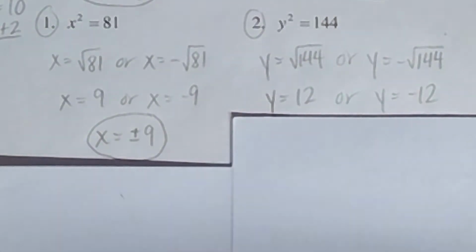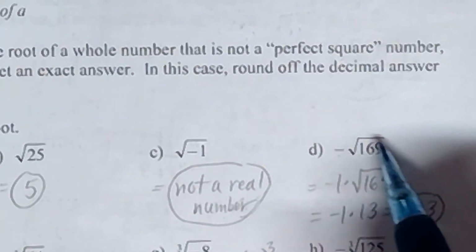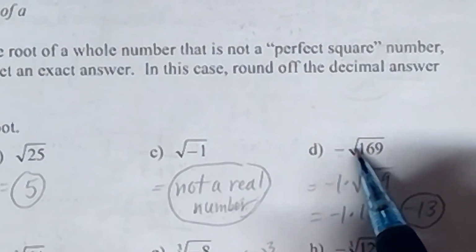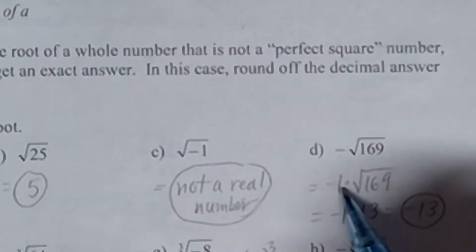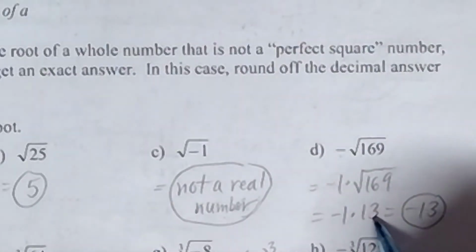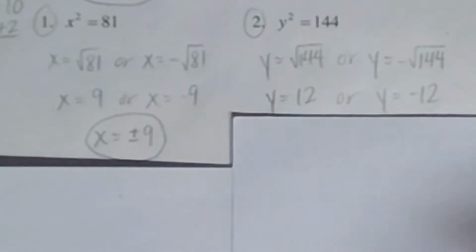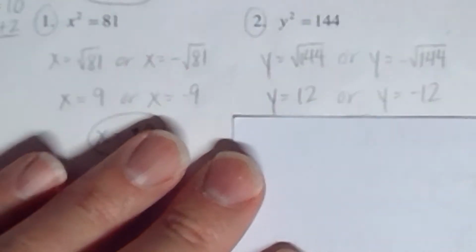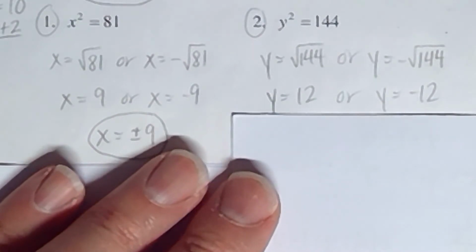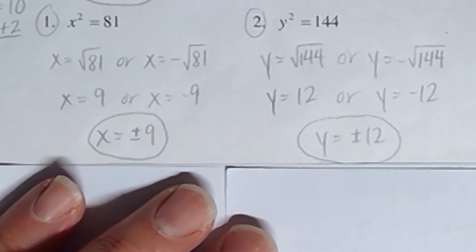Just a reminder there, just to give you a visual of that. Remember, if you have a negative in front of the radical, and just those two things, the negative and the square root, you figure out what the radical is equal to first, and then you multiply by the -1 in front of it. That's why we're getting -12 right here. And then we condense it down to plus or minus 12, just like we've been doing.